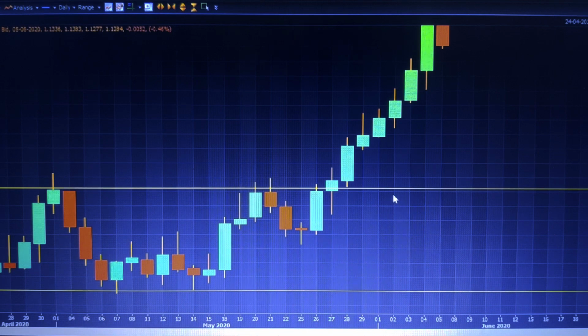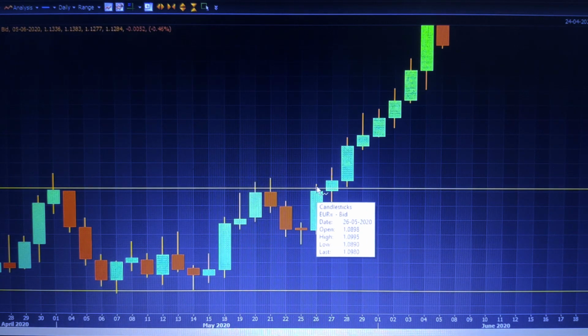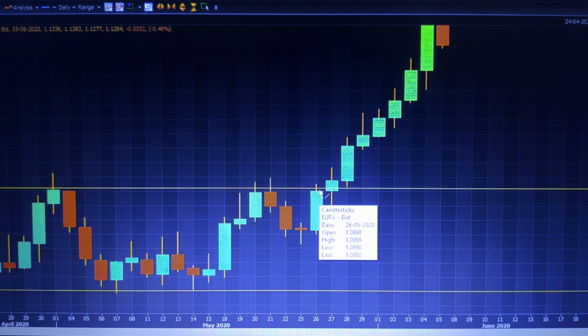So what is the actual breakout level? In this case, you know what the resistance level is. Suppose you are keeping this as the resistance level, 1.0895 or 1.09. Once this level is broken, you are keeping an order there.